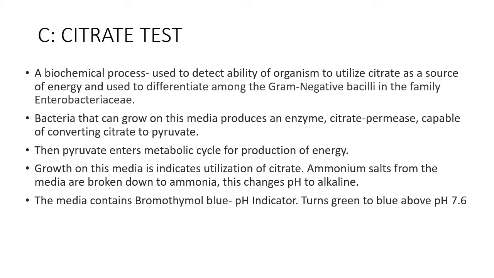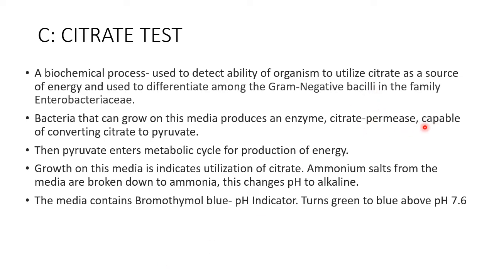Okay, so it is a biochemical process which is used to detect the ability of an organism to utilize citrate as a source of energy, and it is used to differentiate among the gram-negative bacilli in the family Enterobacteriaceae. The bacteria that can grow on this media, that is, the ones able to use the citrate source, have the ability to produce an enzyme, citrate permease.